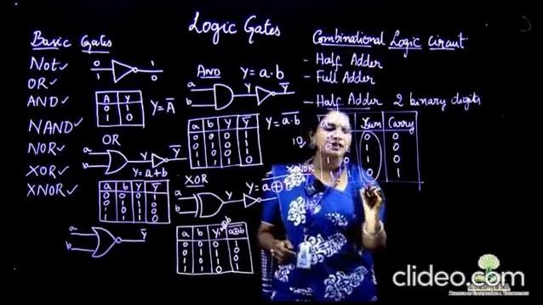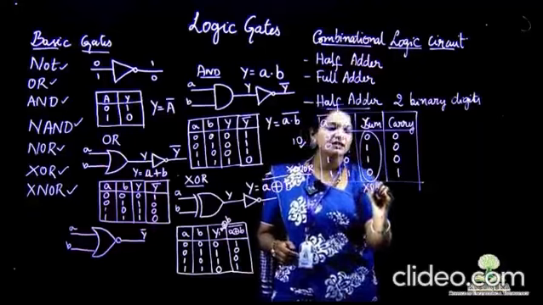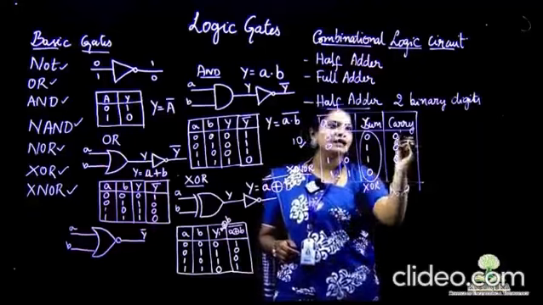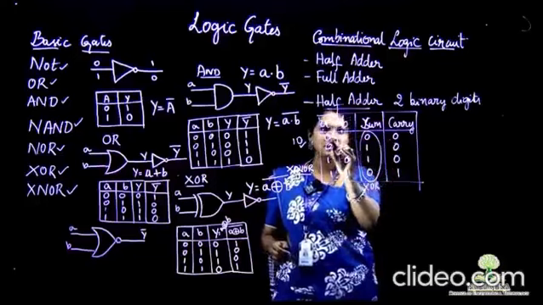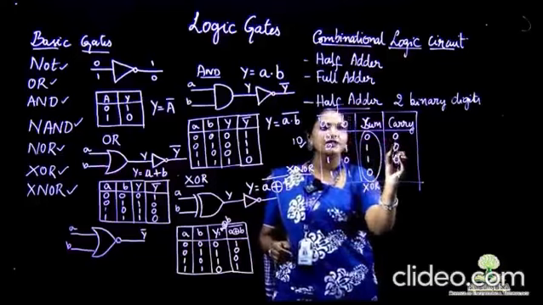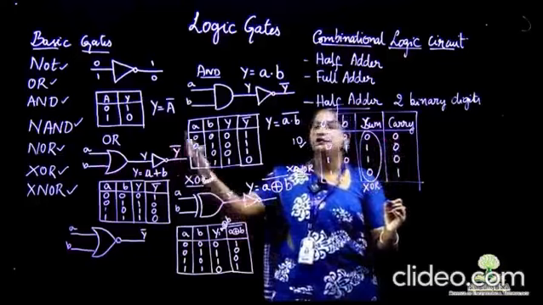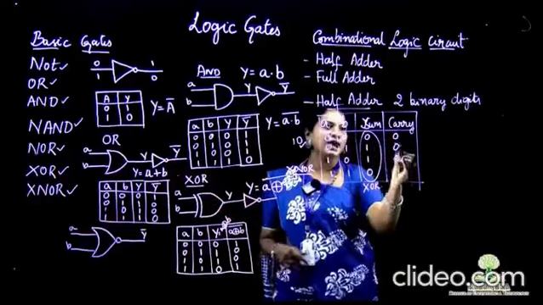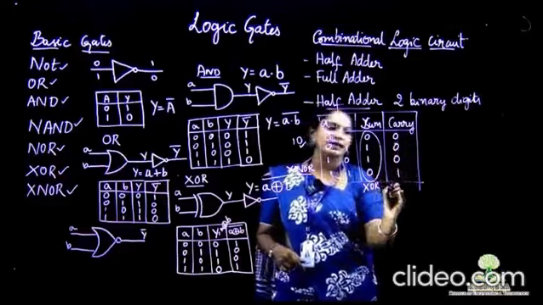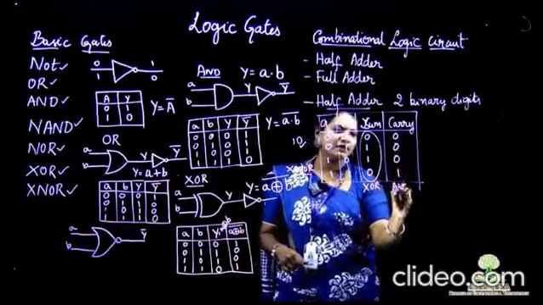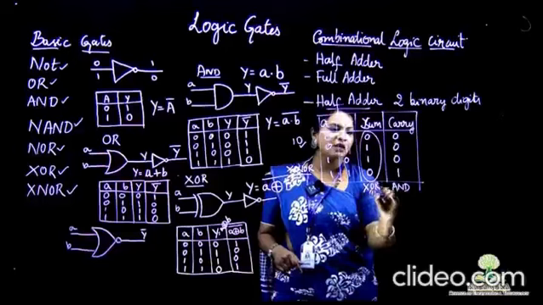That means we need a XOR gate here. The carry is going high only when all the inputs are high, so it is the replica of the AND gate. Hence, we need one AND gate and one XOR gate.